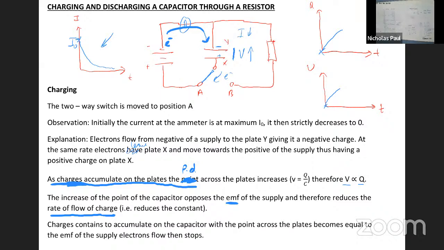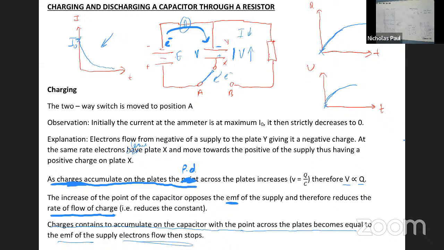Charge continues to accumulate on the capacitor until the PD across the plates becomes equal to the EMF. So you see this here? When this EMF is equal to this voltage, no more current will flow and the charge has reached a maximum. So this will go up to a maximum, this will go up to a maximum and stop. So that's the way the graphs will look.